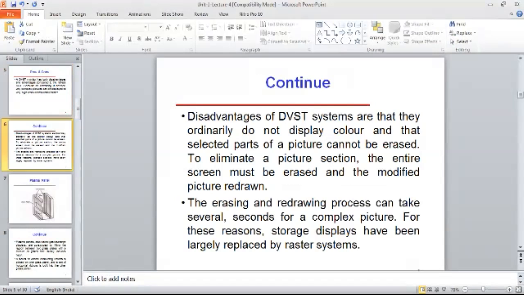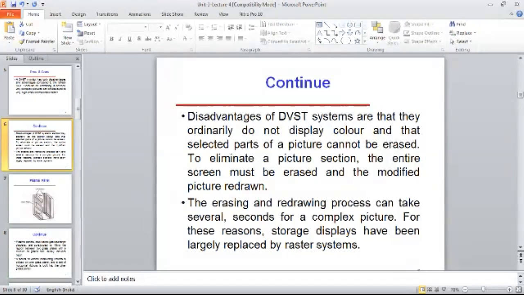So what are the different disadvantages we are going to discuss here? They ordinarily do not display color, and selected parts of the picture cannot be erased. Those selected parts we cannot erase easily.